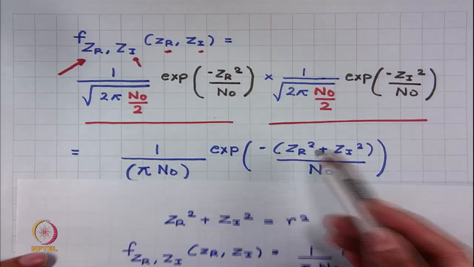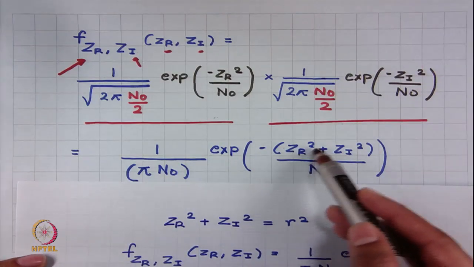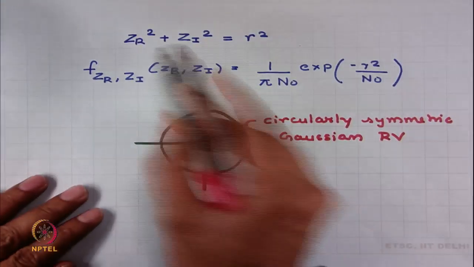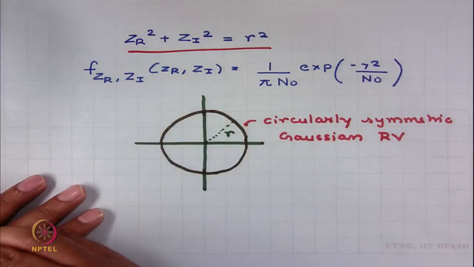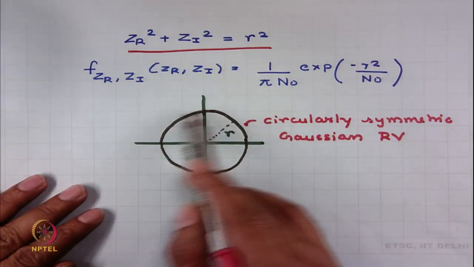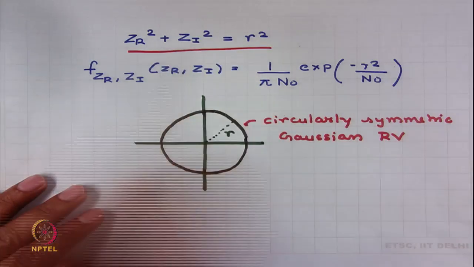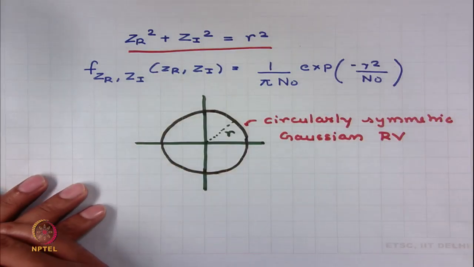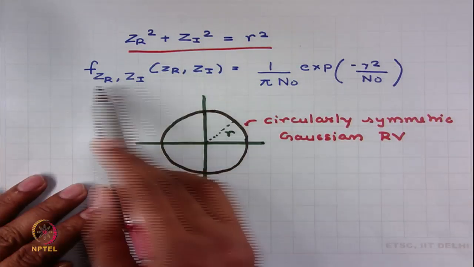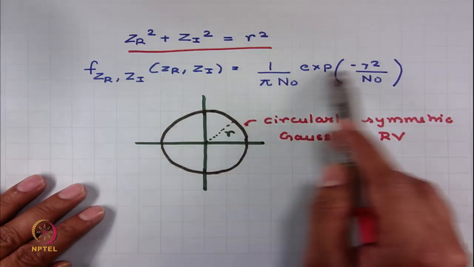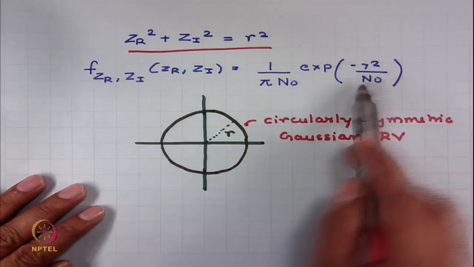Now, in that equation, if we assume that ZR square plus ZI square is r square, then this is the equation of a circle of radius r. Then this joint PDF is simply 1 by pi N0 exponential of minus r square by N0.